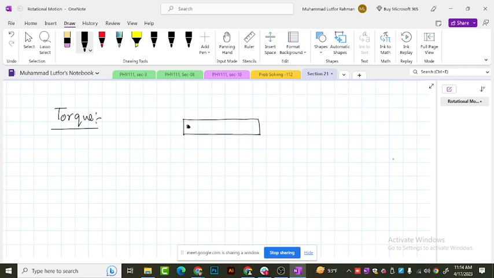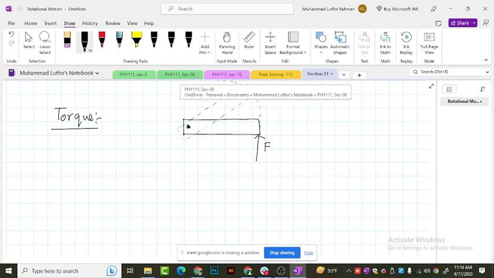Let's say you apply the force over here, this is the force. Then the system will try to move in that direction, right? Some seconds later, it will probably be over here. So that means it's going to make a rotation about this point.